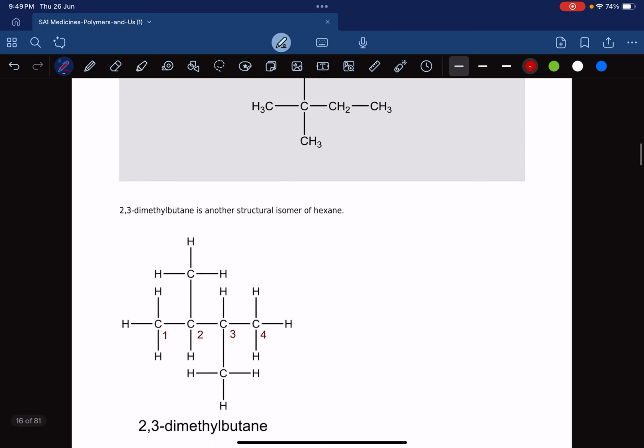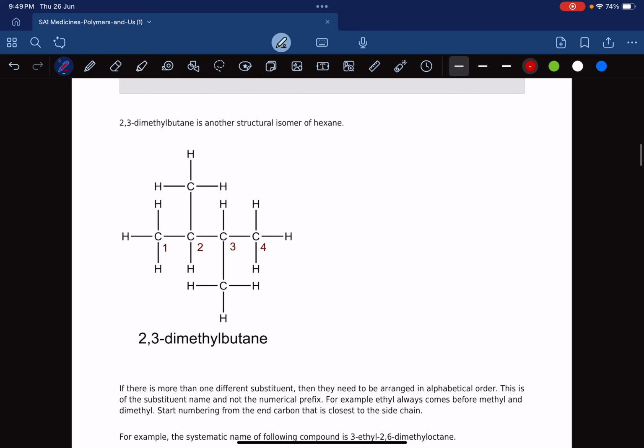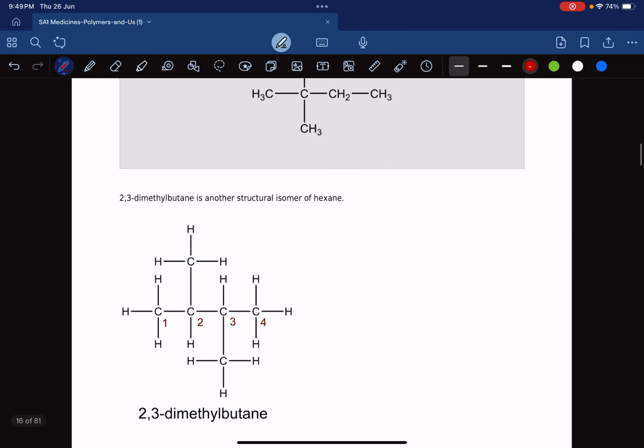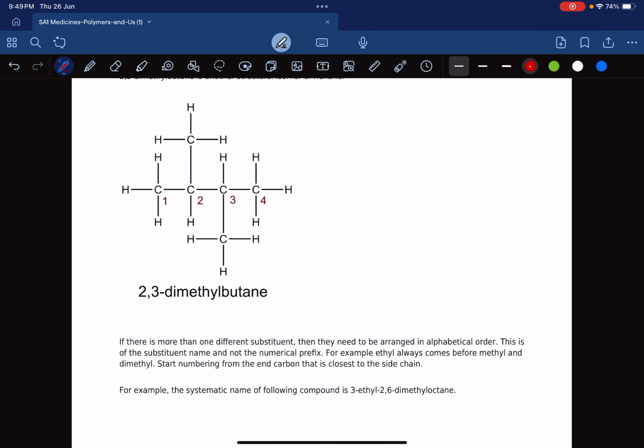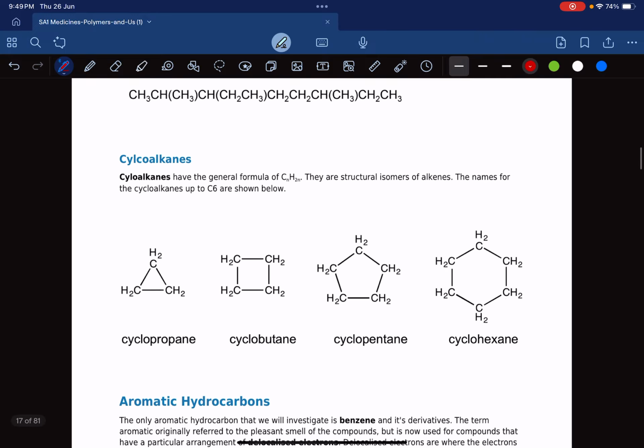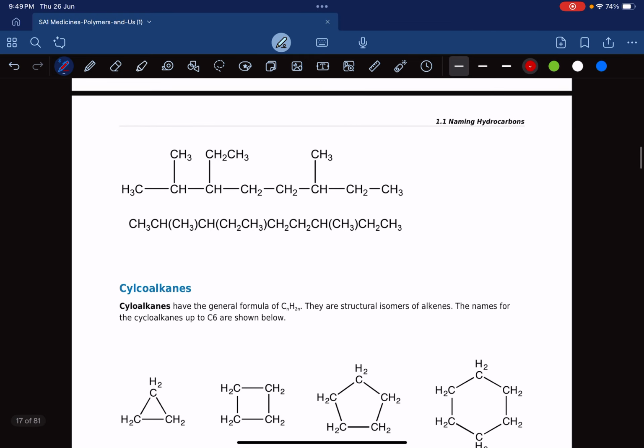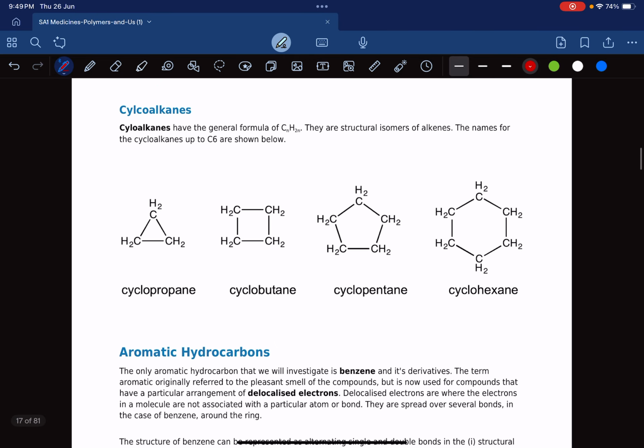Okay, you see down here, they have actually done this in the notes. You've seen this here, right? 2,3-dimethylbutane. This is a structural isomer. Okie doke, that brings us to something else which is called cycloalkanes.